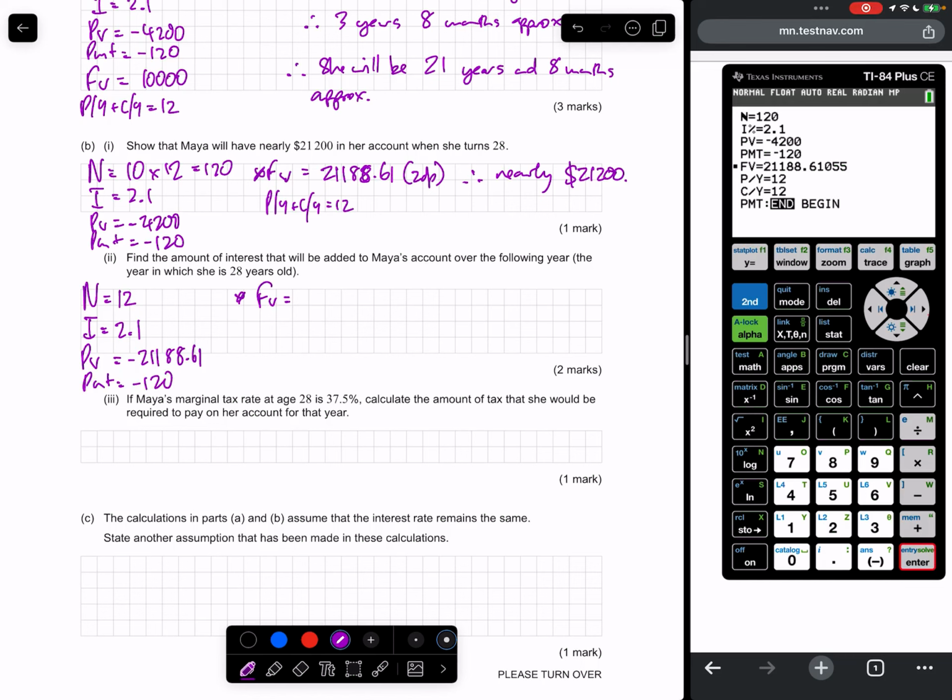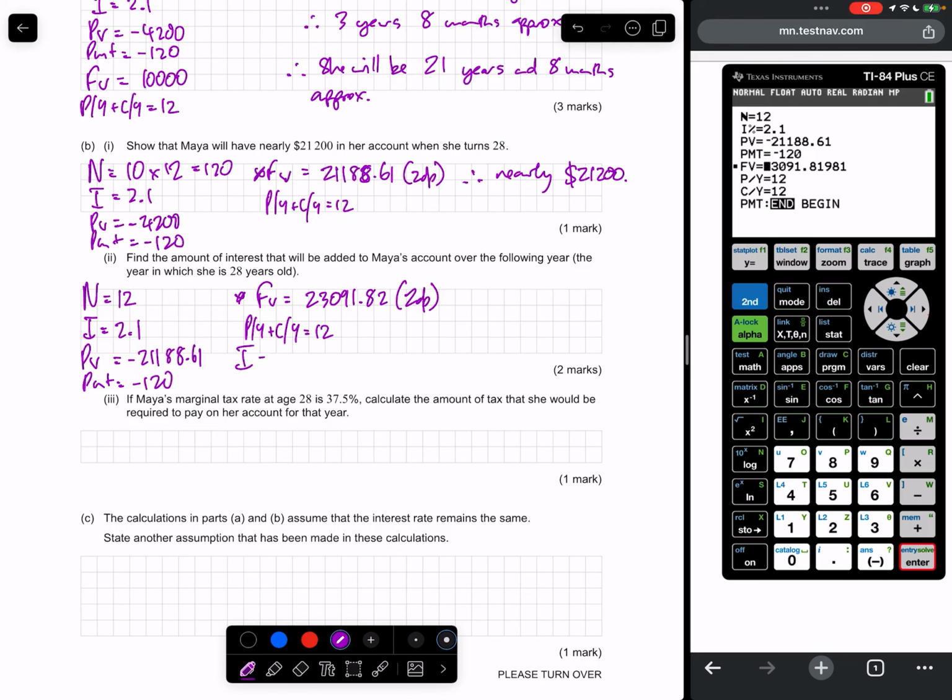To work out the interest, we need to work out what it grows to. PY and CY, both 12. 1 year. Alpha, enter. So it's going to grow to 23,091.82 to 2 decimal places.